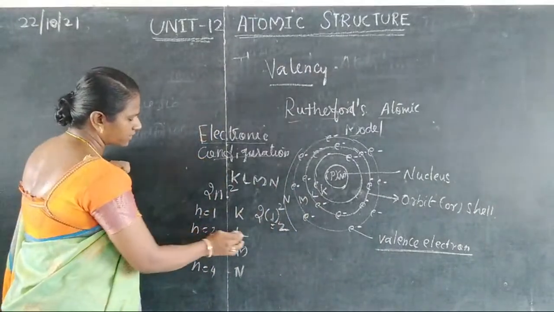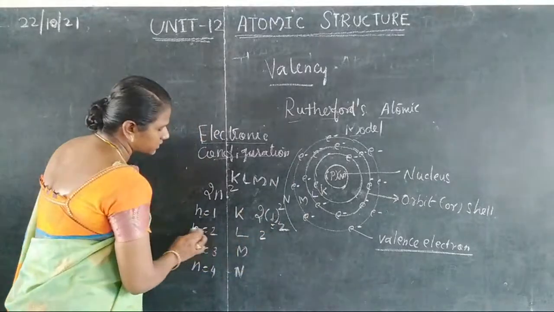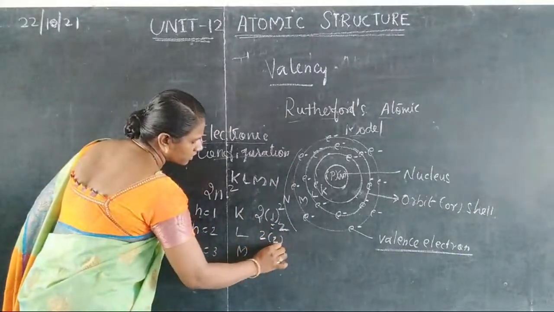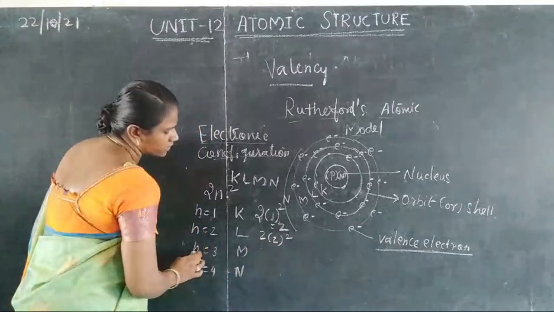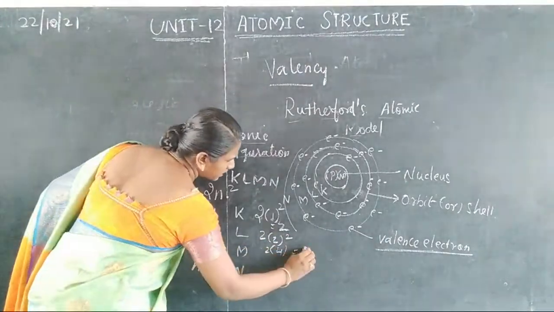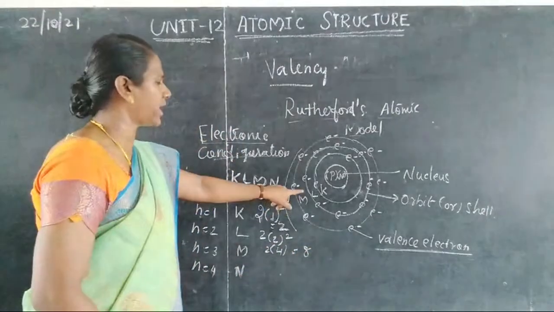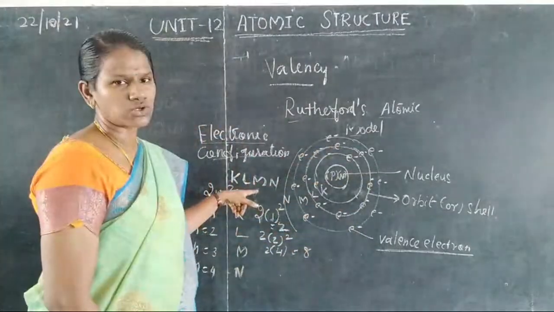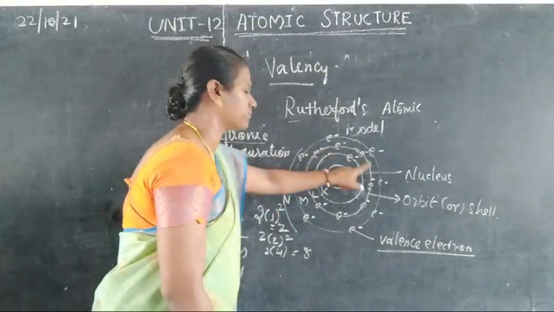And what about the L shell? If n is equal to 2, 2 into 2 the whole square, so 4, 2 into 4, we get 8 electrons. So in the L shell, only 8 electrons can be accommodated.